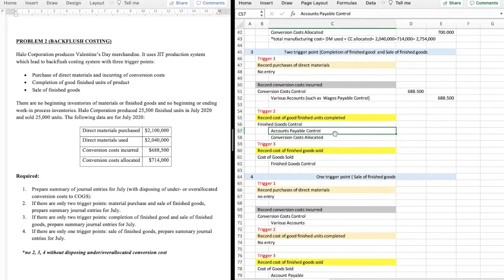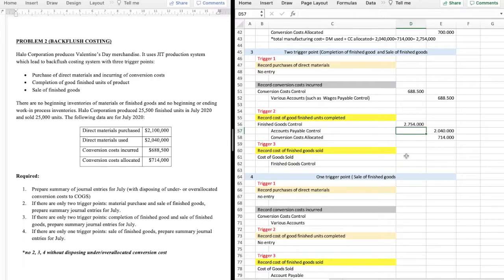That is why we recorded the accounts payable here, and the amount is the same as direct materials used, that is 2040. And for the conversion cost, that is allocated as 714. And the finished goods is the sum of accounts payable and conversion cost.